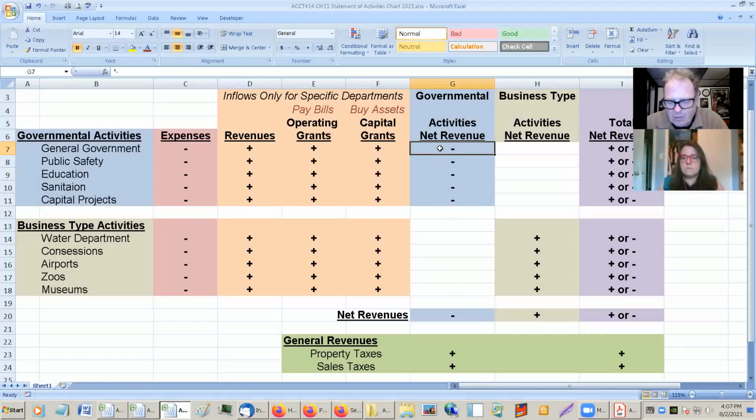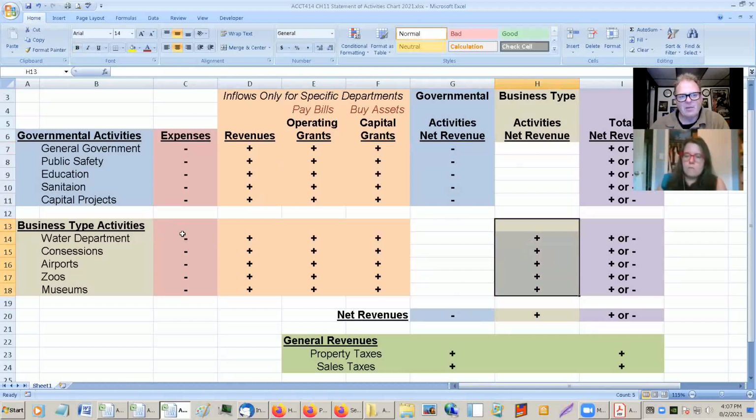that the private practice won't cover for themselves. Nobody wants to clean up the roads. Right. But it has to get done, and it's not going to be a profit maker. So anyway, these are activities, and then you do the same thing for the business type. You do it down here. So the business type will take the minuses and the pluses, and usually the revenues will cover the activities for the business type.